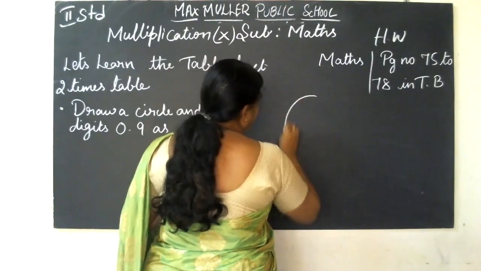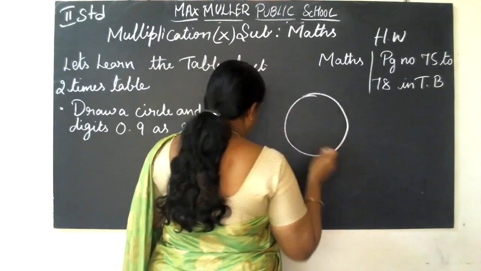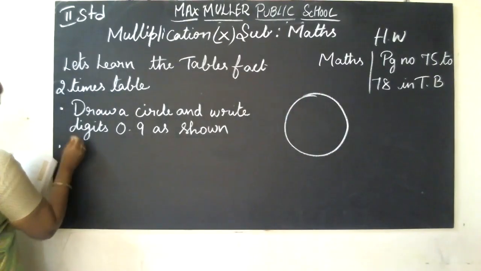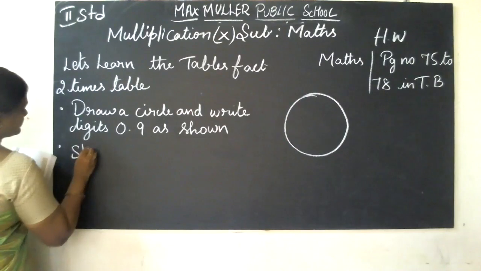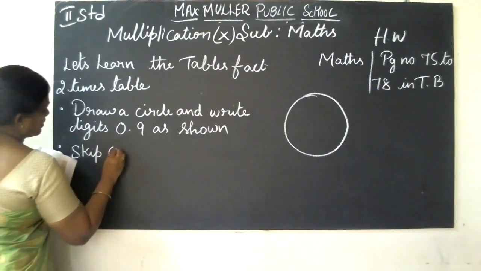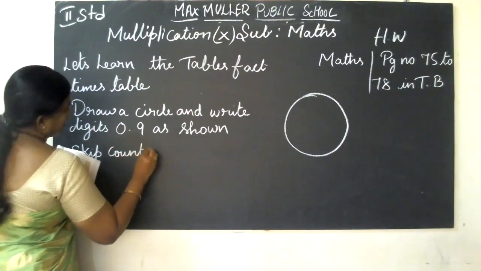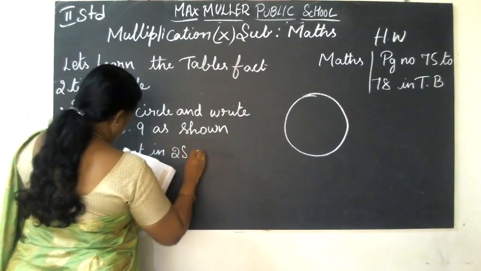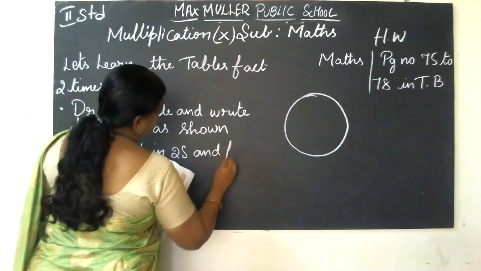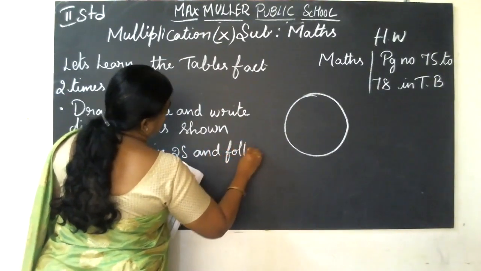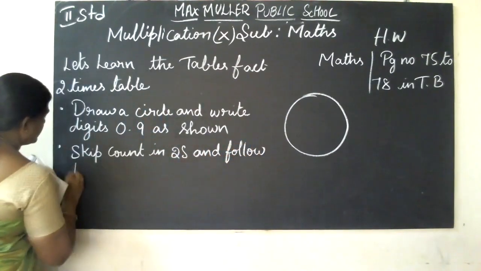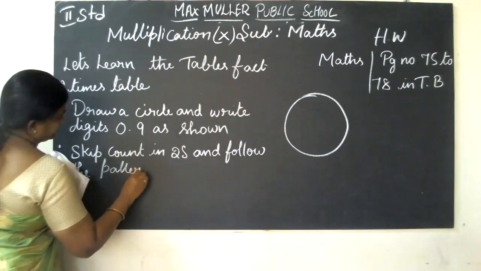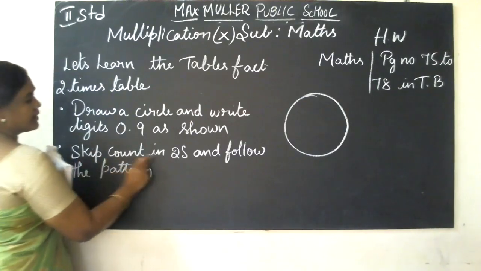In the rough note, you want to write like this. Circle. Skip count in twos and follow the pattern. Listen, skip count in twos.